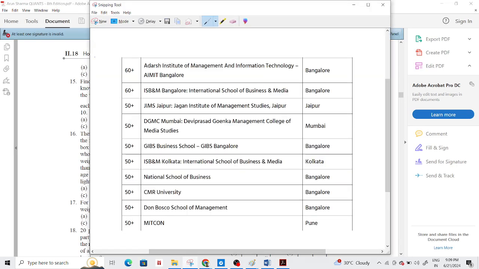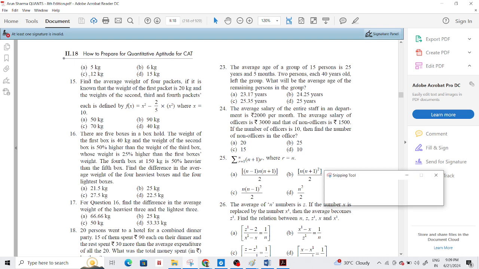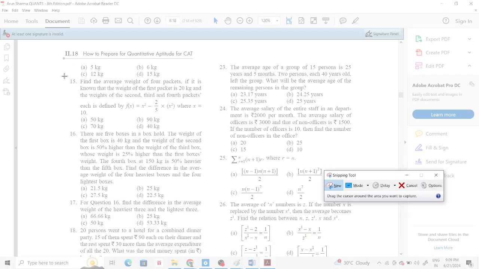If you have the book, then please open page number 2.18 and question number 15. I am also sending it.